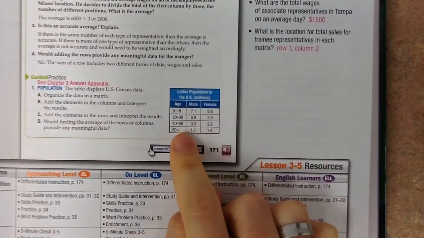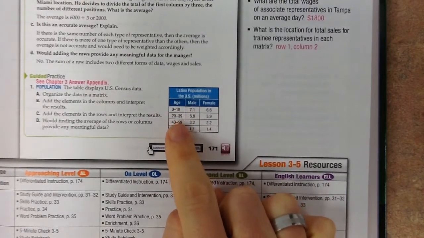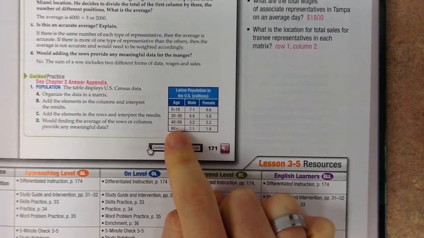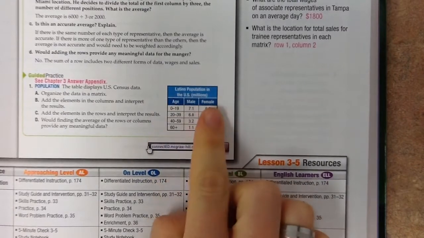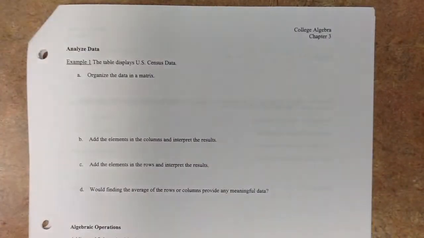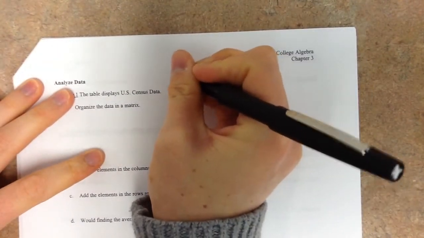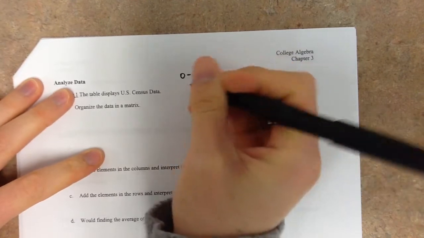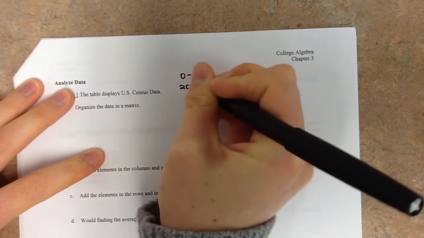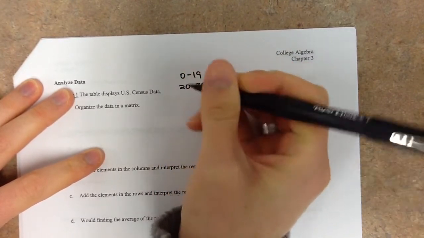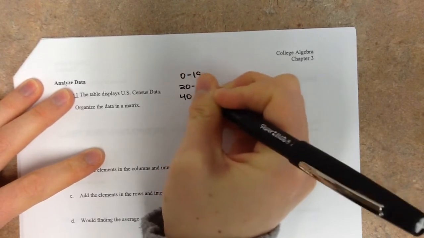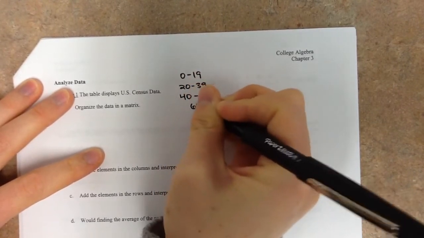If we look at this table, we've got from 0 to 19, 20 to 39, 40 to 59. So I'm going to copy this column down, so just follow my lead here. The numbers down the left are ages: 0 to 19, 20 to 39, 40 to 59, and then 60 and up.